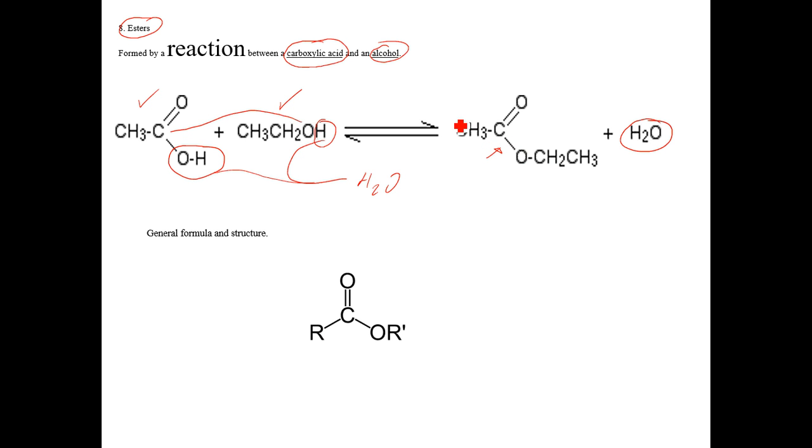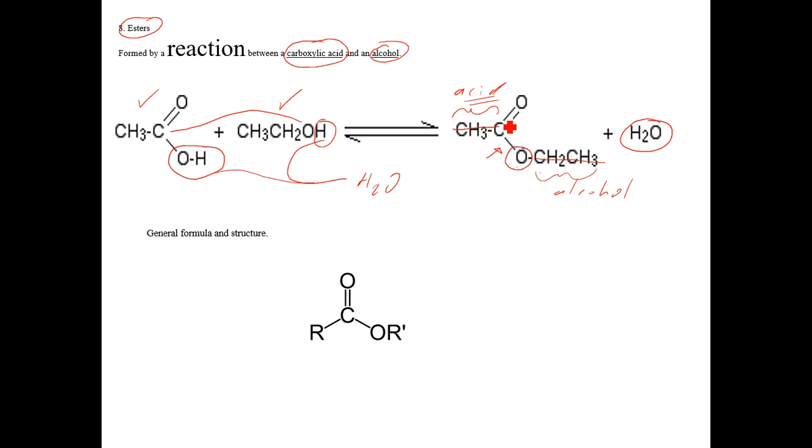So of this new compound, this is the portion here that came from the carboxylic acid. This is the portion here that came from the alcohol. So what you're kind of looking for now is you have, it kind of looks like 2 carbon chains that are separated by an oxygen in between, and this oxygen did come from the alcohol.